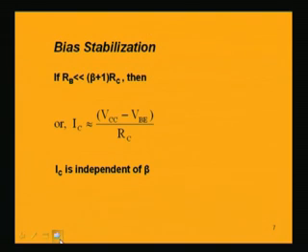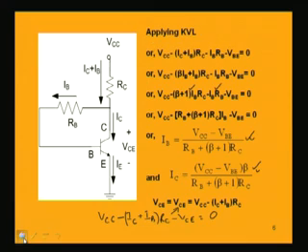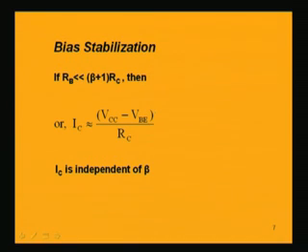So, that is actually possible. If RB is very much less than (beta plus 1) RC, then we can write the expression for IC as VCC minus VBE into beta by (beta plus 1) RC, and then we can cancel beta and beta plus 1, which are nearly equal because beta is a high value, and then we will be getting an expression which is not having beta.